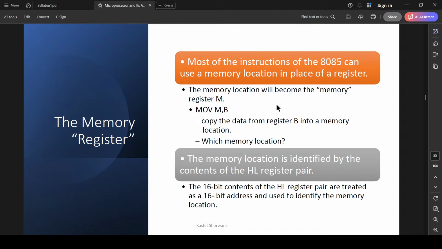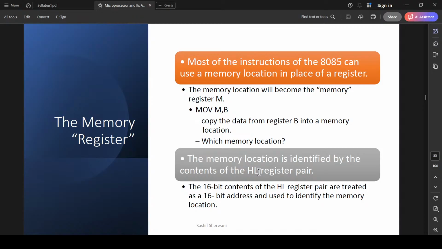It transforms the memory into a register, and that register is called M. So MOV M comma B: this instruction will copy the data from register B to a memory location. Which memory location? The memory location is identified by the contents of the HL pair.